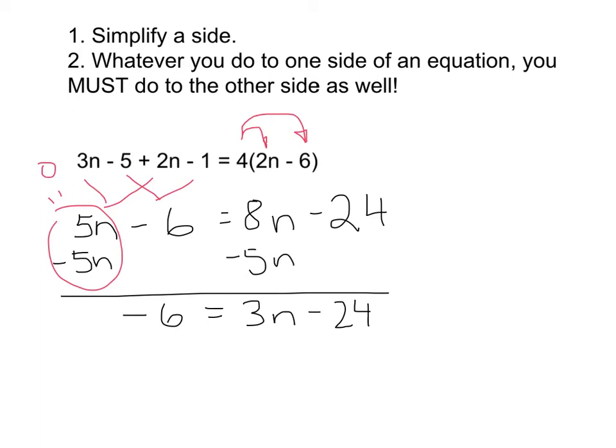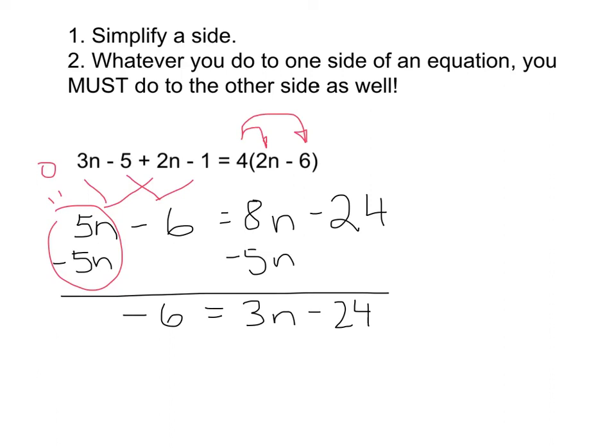Now, we've applied legal algebraic step number 2, subtracting 5n from both sides. In order to keep it balanced, if we subtract 5n from one side, we have to subtract it from the other side. Having done that, we've cleaned up our equation, and now we have n's only on one side.